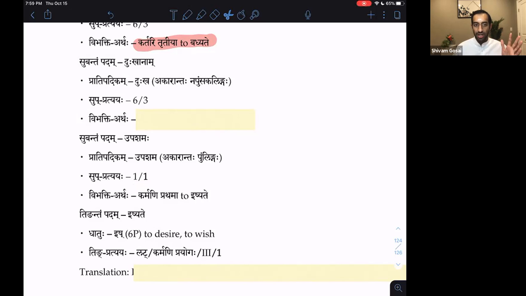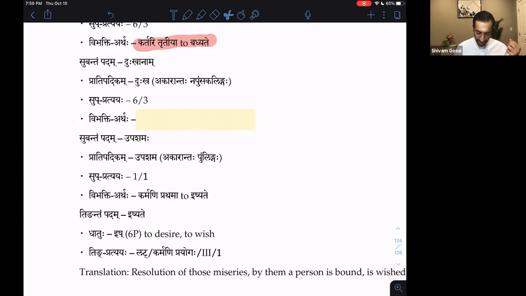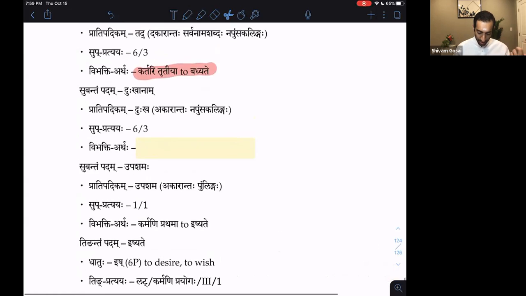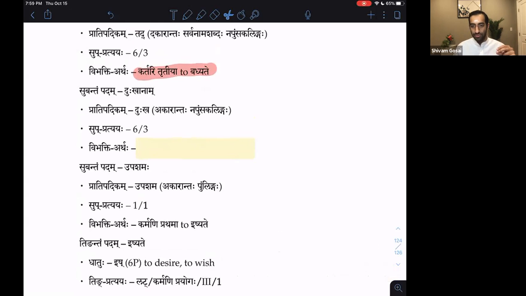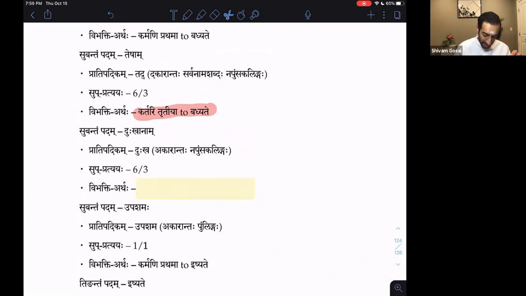Okay, upashama means resolution or the end. So here you'll see they translate it as resolution. So resolution or removal. Okay, so resolution is desired. Resolution of what? Tesham duhkhanam. Okay?